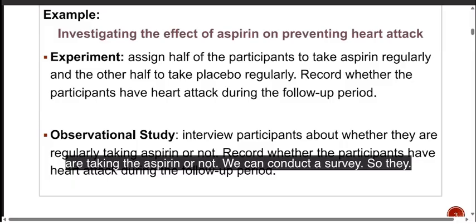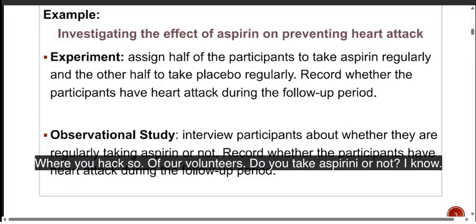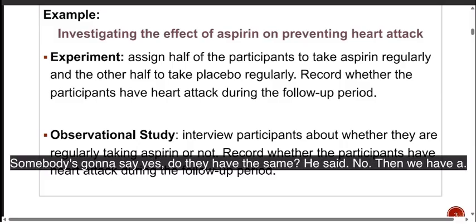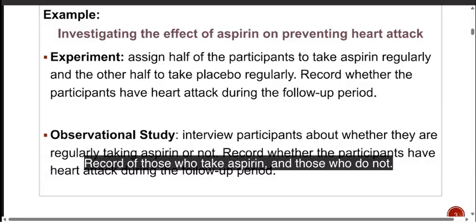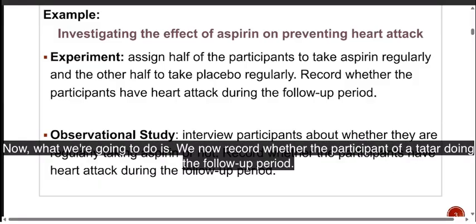We can conduct a survey where you ask volunteers, do you take aspirin or not? I know somebody is going to say yes, the other person will say no. Then we have a record of those who take aspirin and those who do not. Then we record whether the participant has had an attack during the follow-up period.